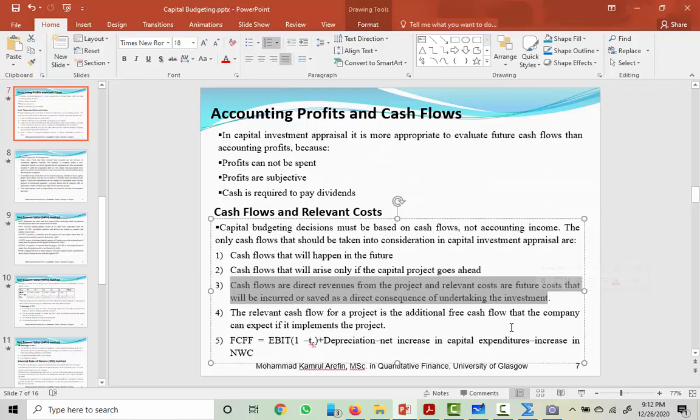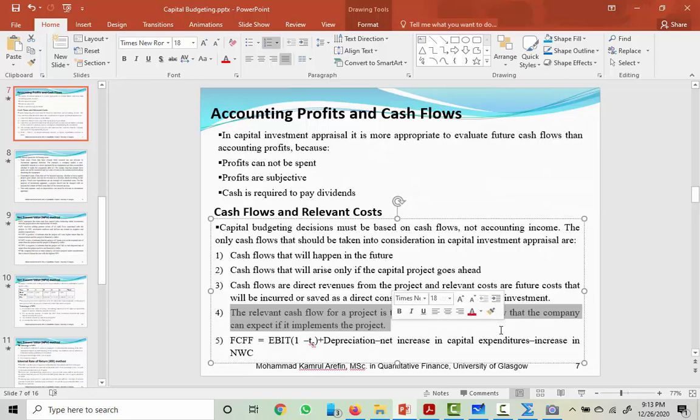If you invest in a project, all the cash outflows and inflows because of the project should be considered. The relevant cash flow for a project is the additional free cash flow that the company can expect if it implements the project. So what should the free cash flow be?